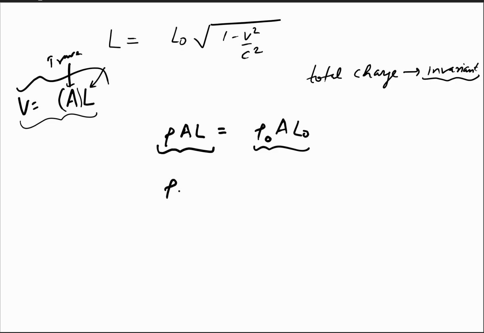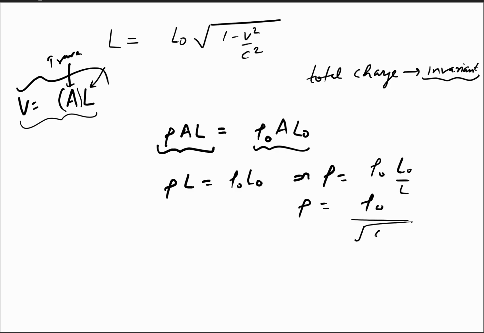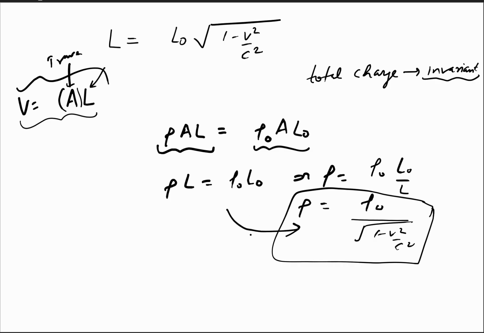So rho L should be equal to rho naught L naught, which implies rho should be equal to rho naught L naught over L, or rho should be equal to rho naught over the square root of 1 minus v square by c square. So you see that in a moving frame, the charge density changes.